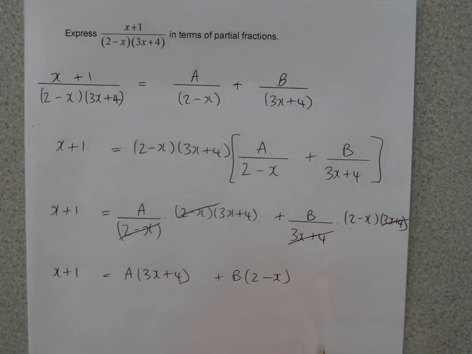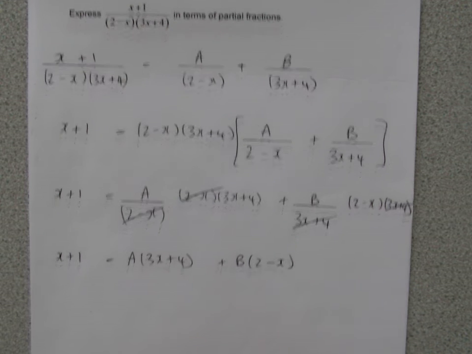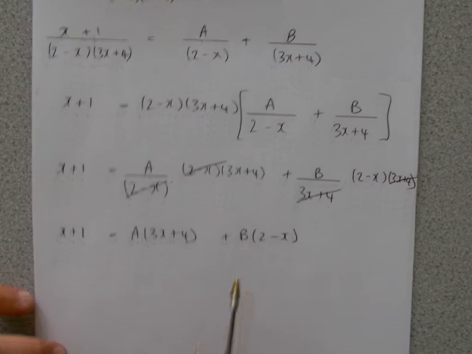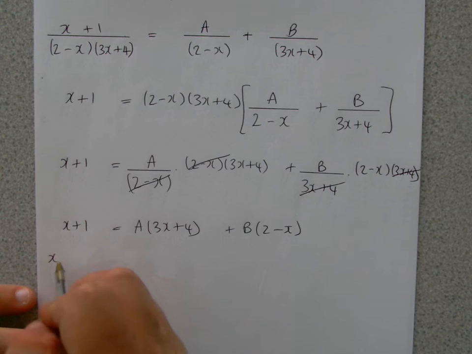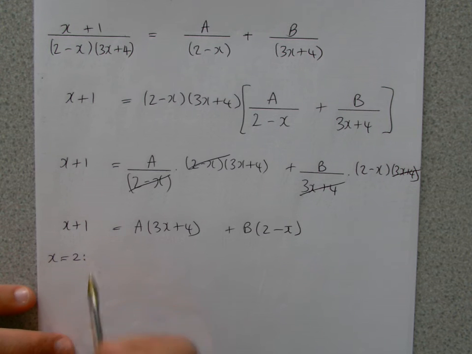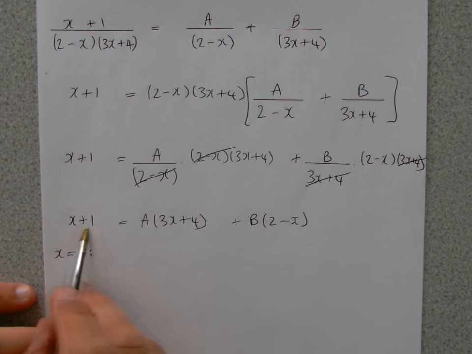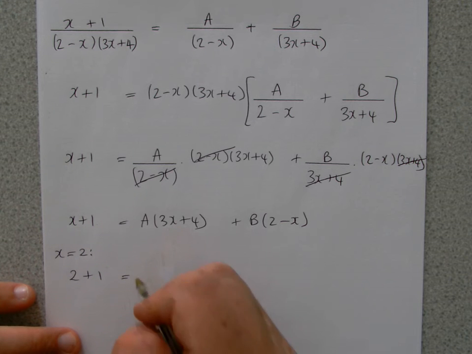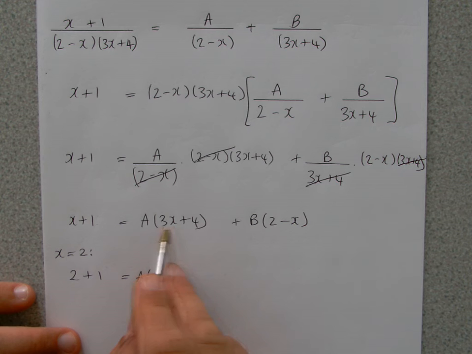So then we need to set x to equal values to work out A and B, and we need to be clever how we set these values. Now straight away I think to myself, well, if I set x to be 2, watch what happens. Here this will be 3, because 2 plus 1 is 3. Put 2 in here, bit of work to do there, but obviously 3 times 2 is 6, plus 4 is 10, so we've got 10 in there.